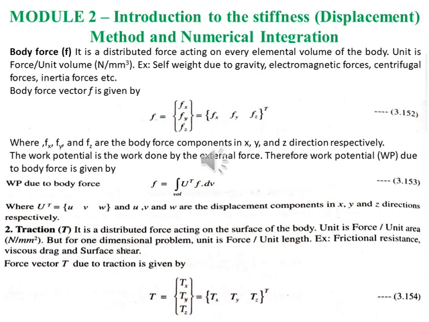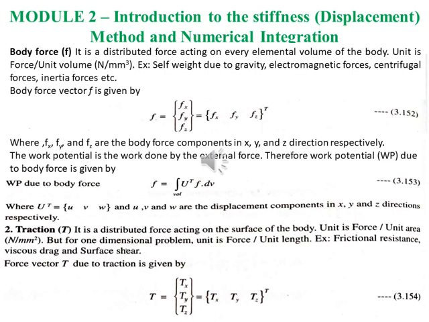So next is the traction force. It is the distributed force acting on the surface of the body. So the unit is force per unit area, or Newton per millimeter square.